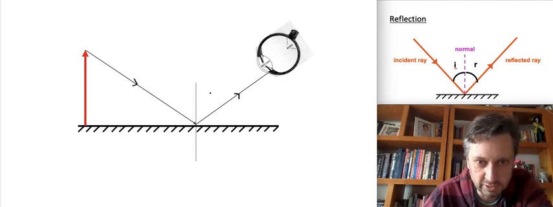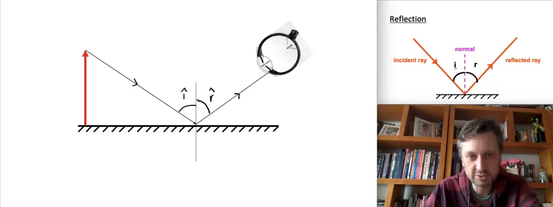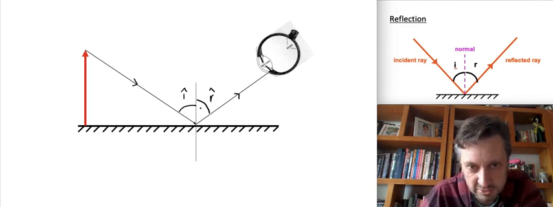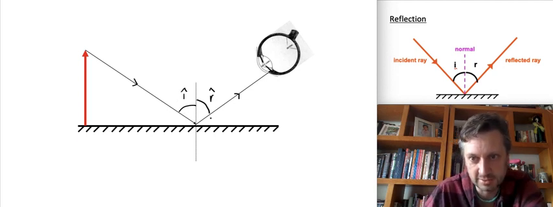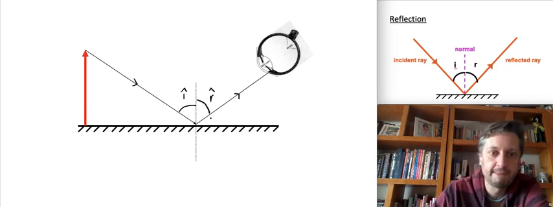Now, just as before, let me draw in this, measured away from normal is going to be the angle of incidence, and this is going to be your angle of reflection. And the law of reflection tells us that this angle, if you measured it with a protractor, is exactly the same as that angle. It looks about the same.